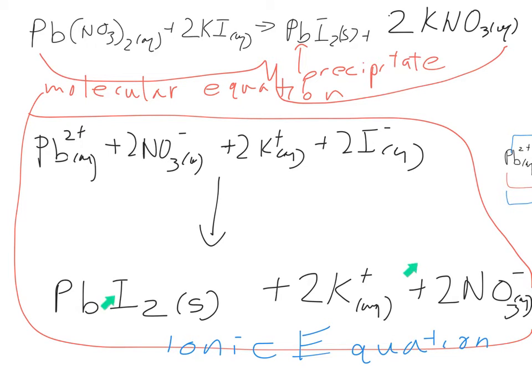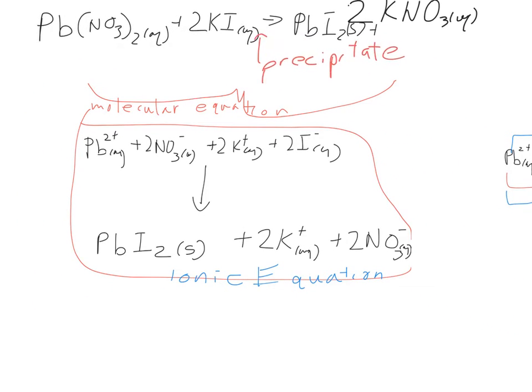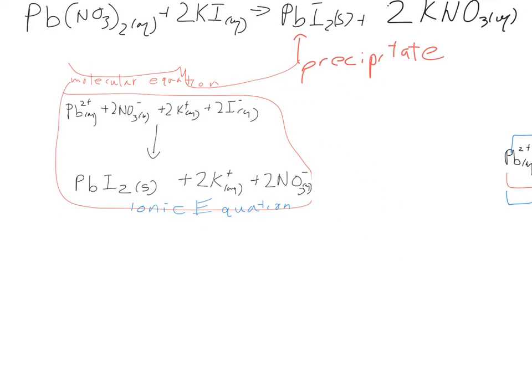But as chemists, we often want to clear the scene. And we clear the scene by representing what's physically occurring by crossing out those things that aren't part of the story. In our ionic equation here, potassium is the same on both sides of the equation. So is our nitrate.